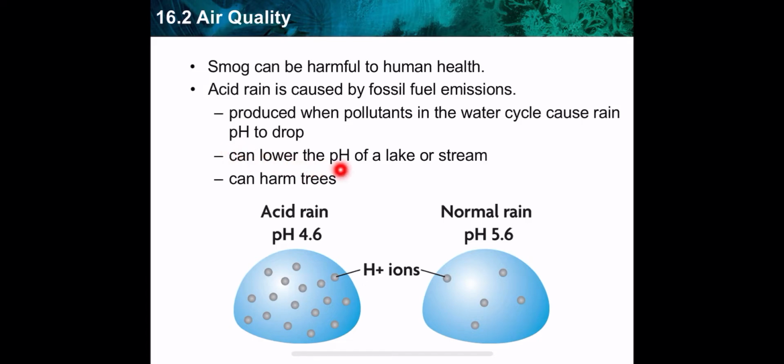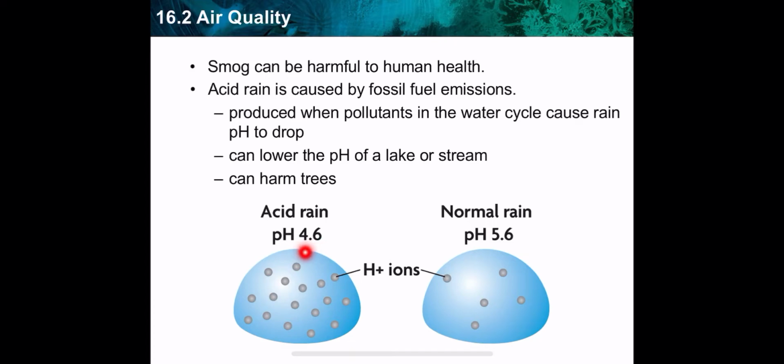Those acids lead to a decrease in the pH of the rain. What does decreasing pH mean? It means increasing acidity. The normal rain pH should be 5.6, but due to vehicle exhaust emissions, the acid rain pH is 4.6.